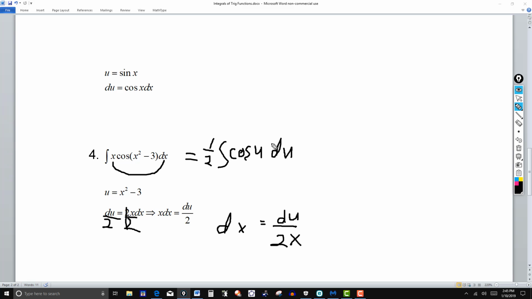Okay, so then here you go, this is 1/2. And we simply take the antiderivative of cosine, which is sine of u. And then I put my constant of integration over here.